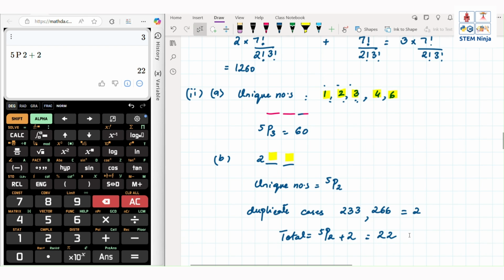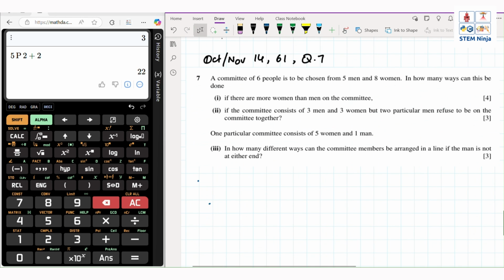And there's your question. All right, so let's see the next question. A committee of 6 people is to be chosen from 5 men and 8 women. In how many ways can this be done if there are more women than men on the committee?